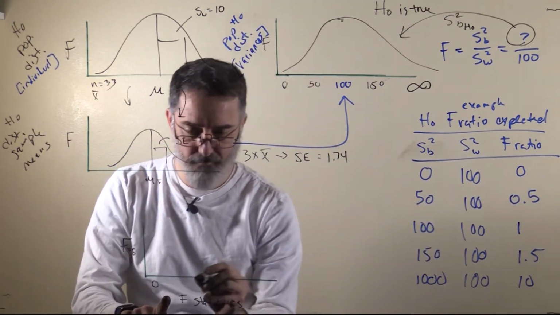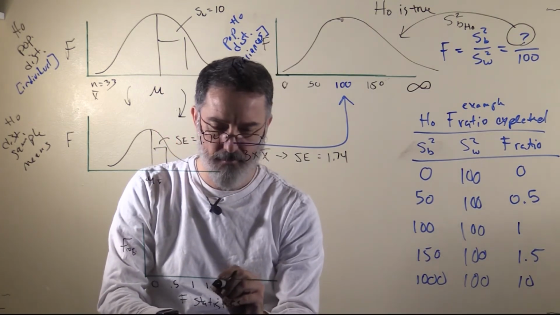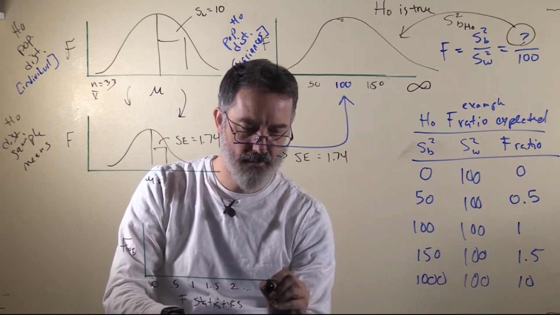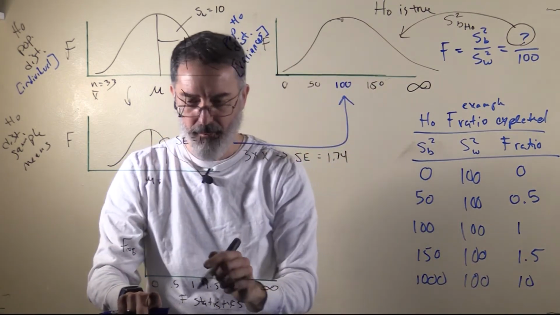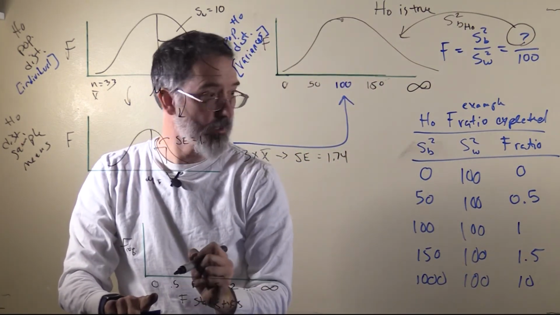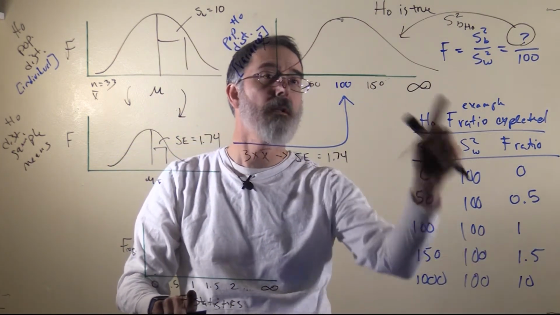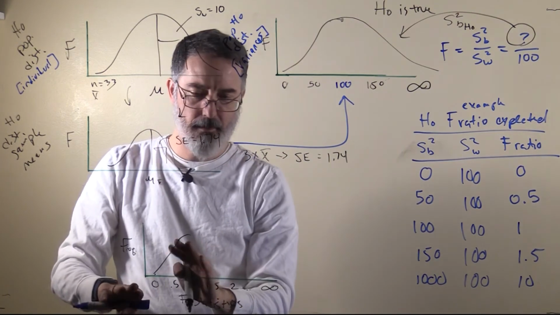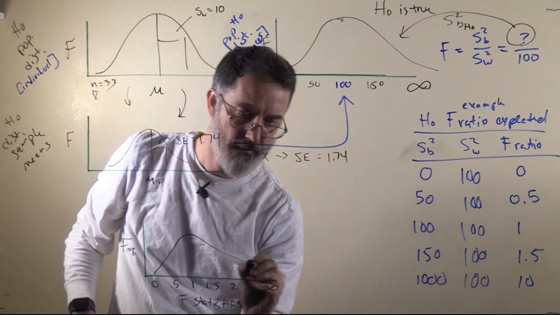We got 1.5, 2. It'll go off, and remember, there's no limit at the end. And it can't go below 0, so it's going to be at the bottom here. 1 is going to be the most common. And then it'll go off forever in this direction.